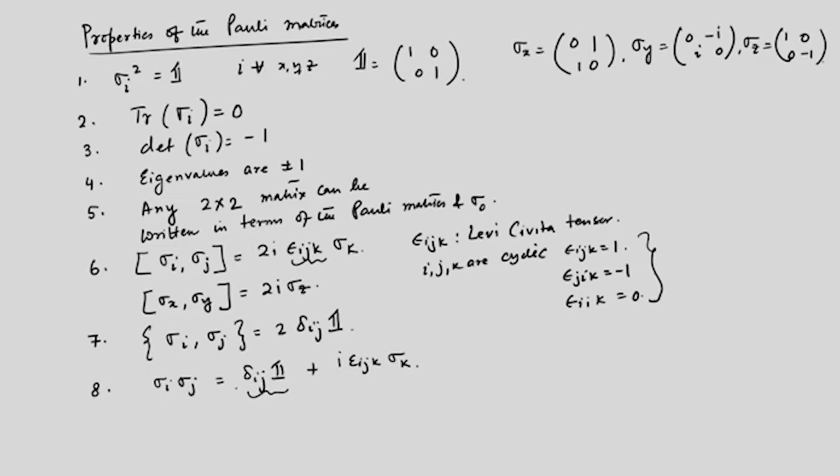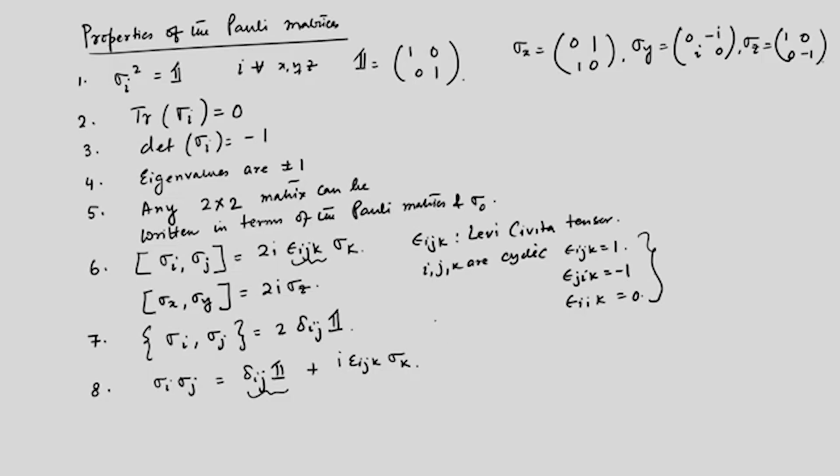If i is not equal to j, say i equal to x and j equal to y, then the first term becomes 0 and the last term survives, and i epsilon ijk gives a 1 and a sigma z. So sigma x sigma y is equal to i sigma z, and that can be proved from 6 and 7. If you combine 6 and 7, then you get 8.